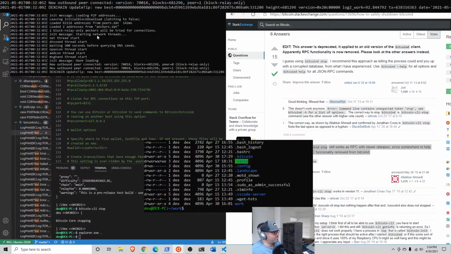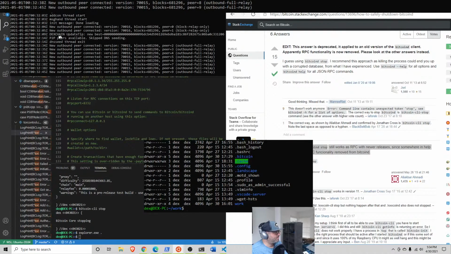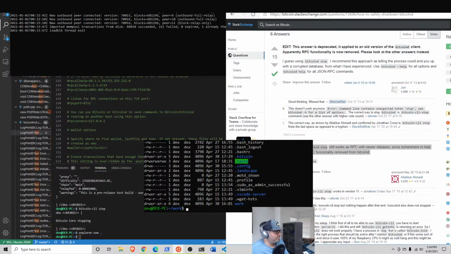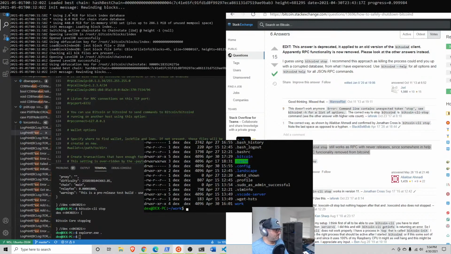Oh, loaded best. So we have to find tip, right? Dex chain update tip, right? I don't understand.